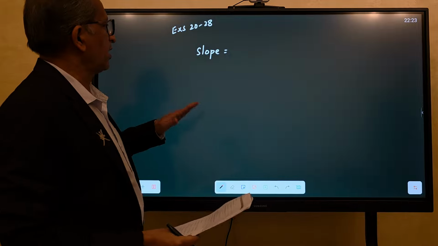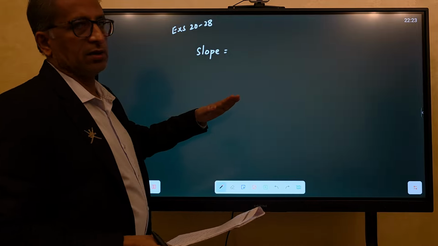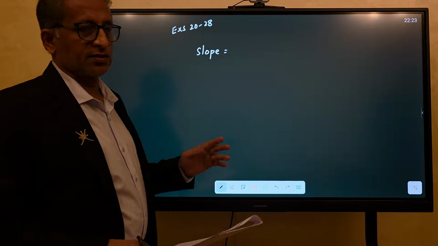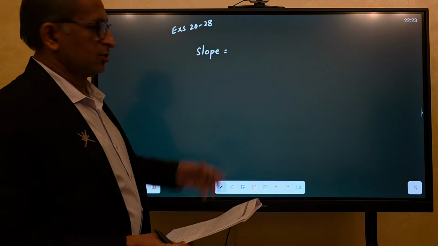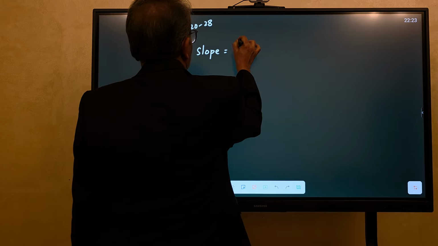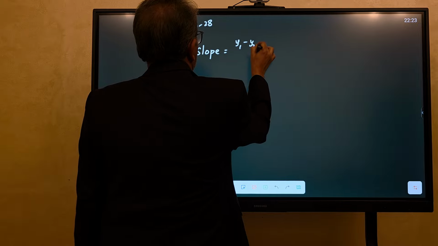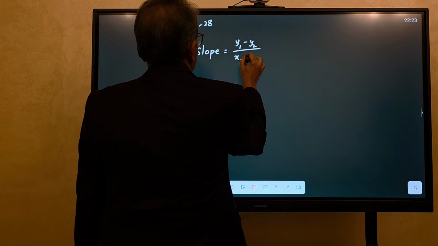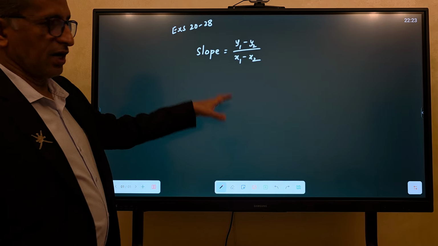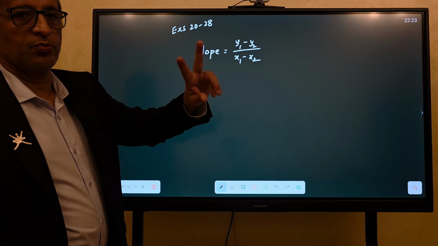What is the slope of a line? How much angle or inclination it is making to the x-axis is the slope. So we are going to use this formula: (y1 minus y2) divided by (x1 minus x2). This is the slope of a line where the 2 points are given.